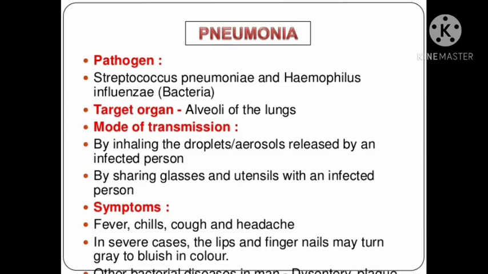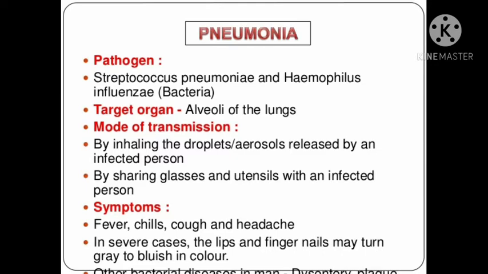So the person may suffer from breathlessness, also fatigue, tiring, etc. Also, the lips and fingernails may turn grey to bluish in color because oxygen supply is deficient. So these are the common symptoms of pneumonia.